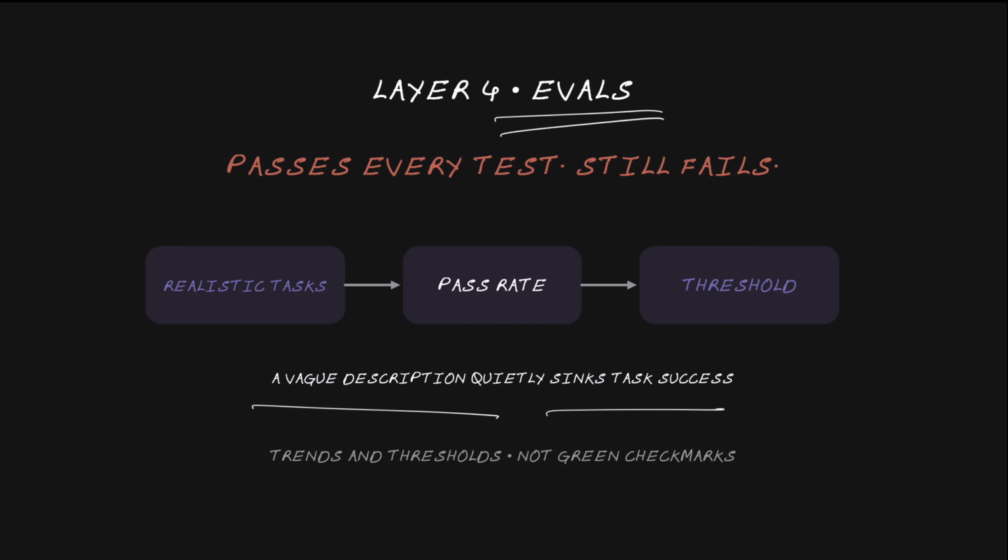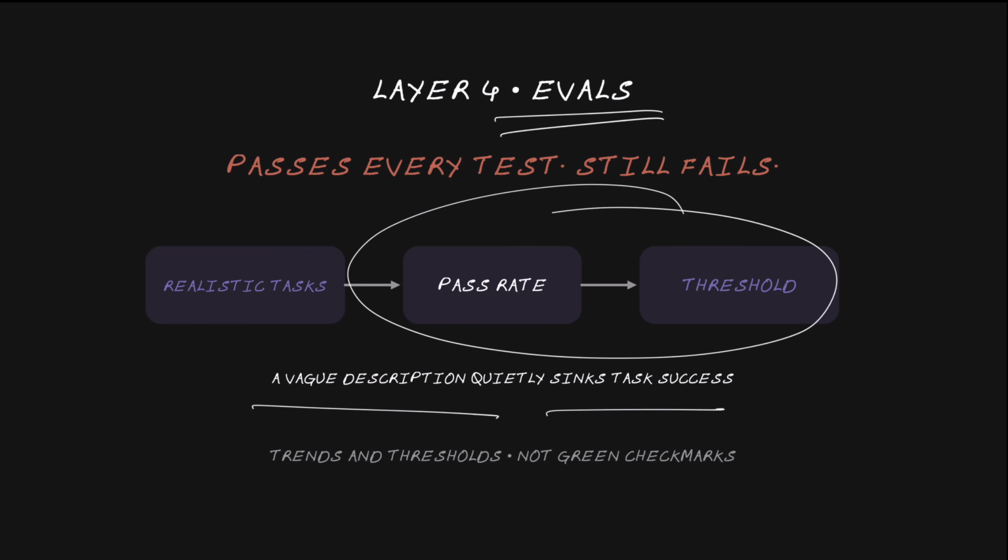So Anthropic's engineering team recommends building a set of realistic tasks and measuring the completion rates. Now you can notice the shift: pass rates and thresholds, not the green check marks that we generally used to get in our traditional testing. That is deterministic testing. But the testing that we'll be doing, part of the evals, is non-deterministic testing. So this is totally a new muscle for most of us.